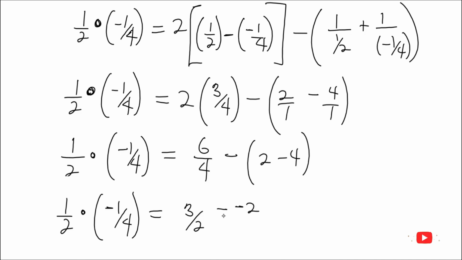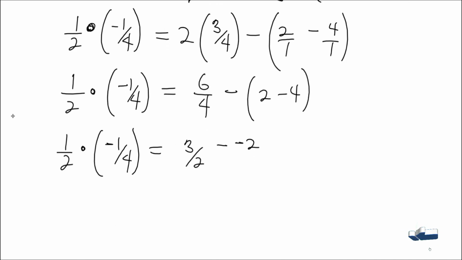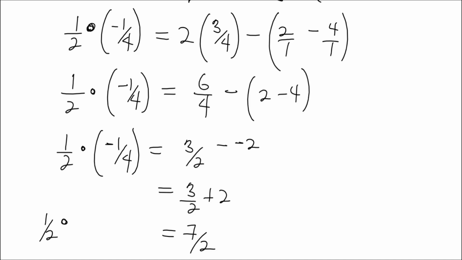So we have our minus 2 here. Which implies that we can break this down to have 3 out of 2 plus 2. And that gives an answer of 7 out of 2. So for 1 out of 2 dot minus 1 out of 4, our answer is 7 out of 2.